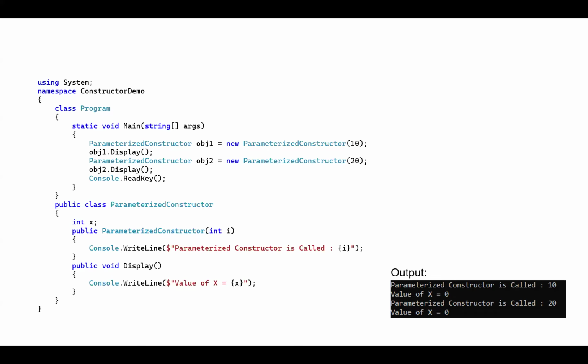We create different instances. The first instance has a constructor with parameter 10, the second with parameter 20, and you can see these objects were created. But when we create the display method, we have the same result, 0. Why? Do you have any idea?